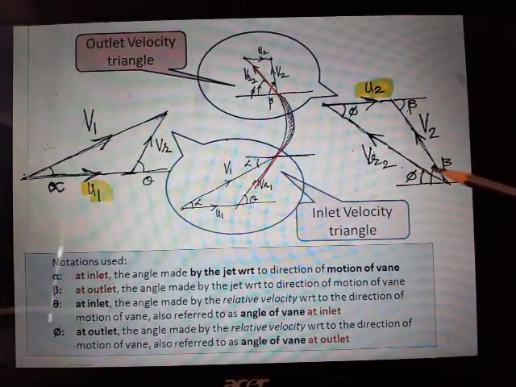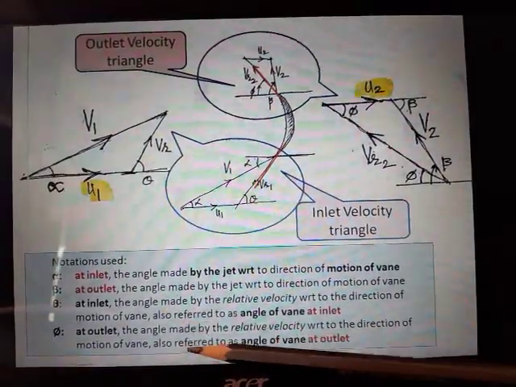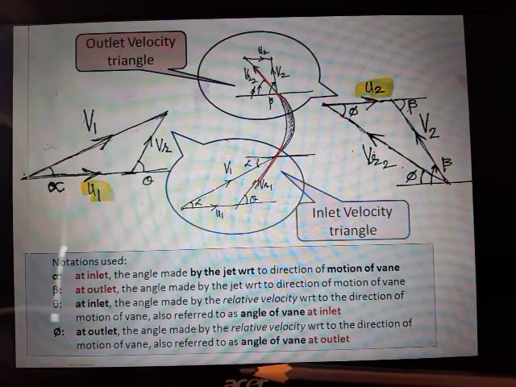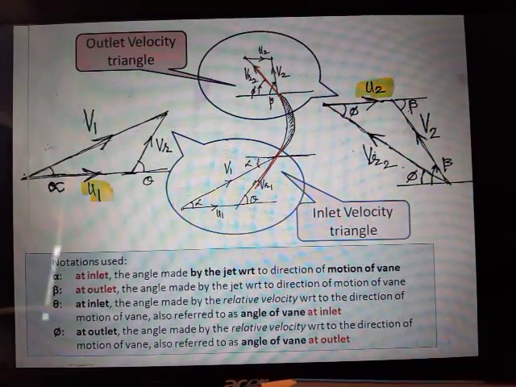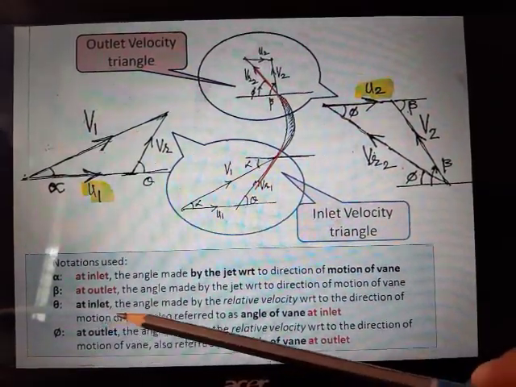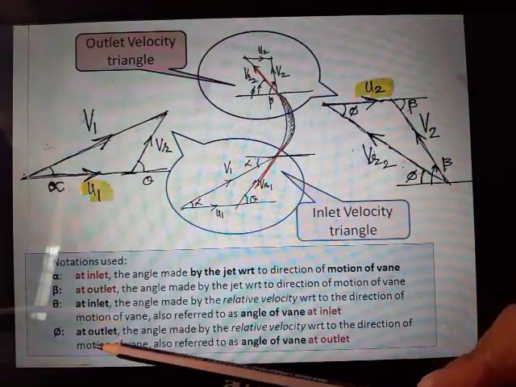So this is beta, or that is beta. So beta is at the outlet. At the outlet, it is the angle made by the jet with respect to the direction of motion of the vane. Now one more angle: theta at inlet and phi at outlet.